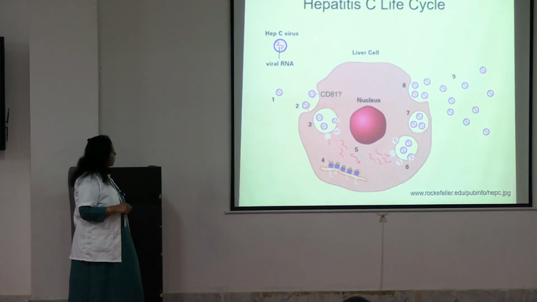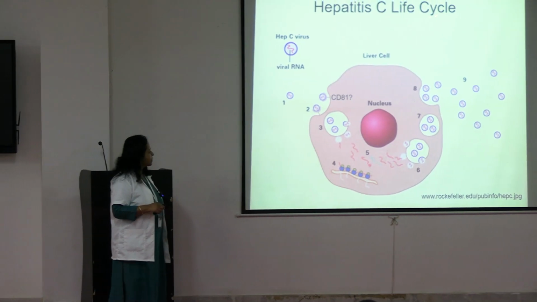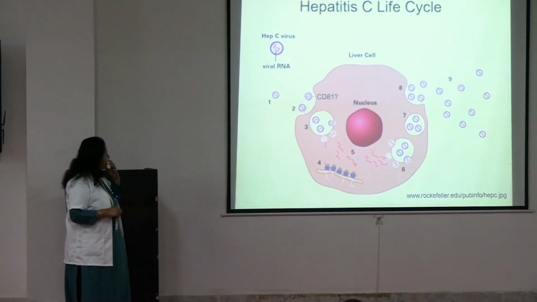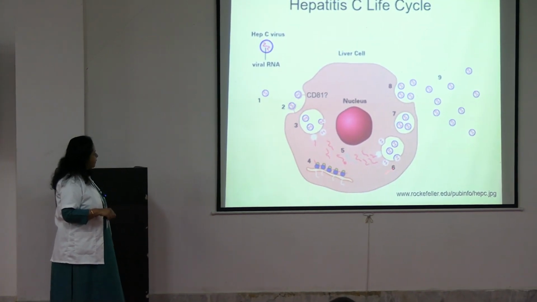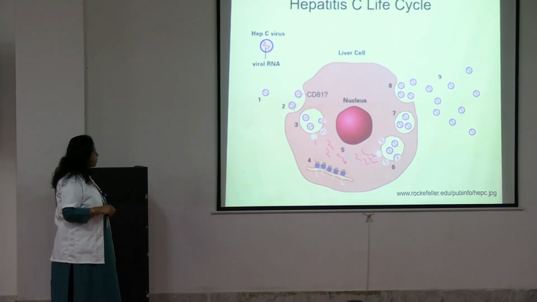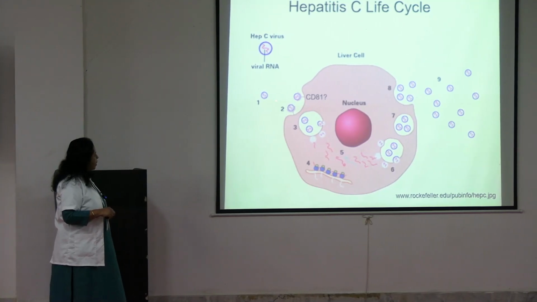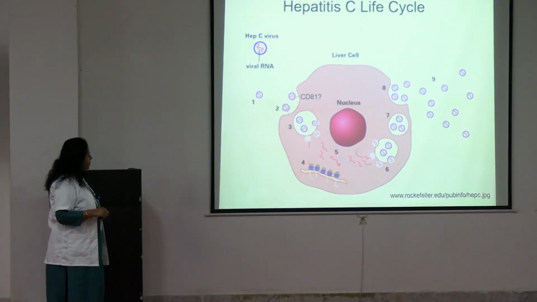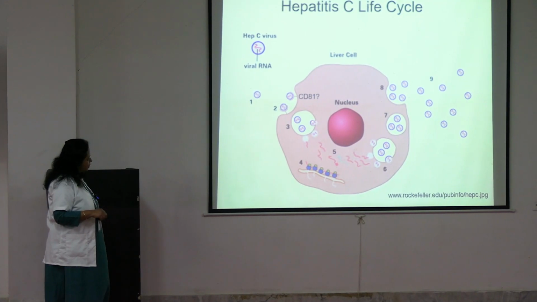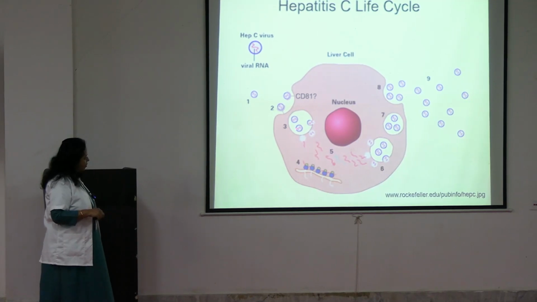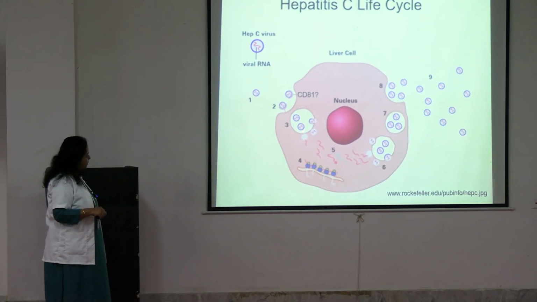Life cycle. This hepatitis C virus is an RNA virus. Okay, so this is a hepatocyte. These hepatocytes have certain receptors. The virus goes and binds to the CD81 receptor and causes internalization. Then there is shedding, or uncoating, of the virus.